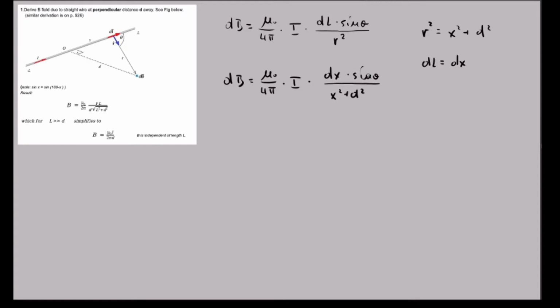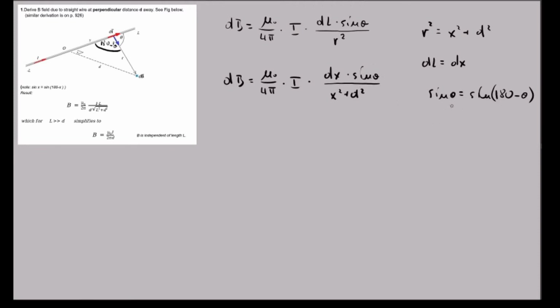Now sine theta. Here's my angle theta, the angle between dl and r. But sine of theta is the same thing as the sine of 180 minus theta, and if this is theta, then this angle here is 180 minus theta.